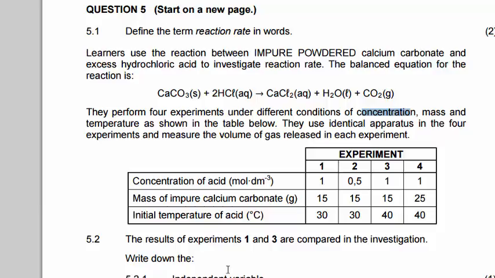So if they said different conditions, if they could change concentration, whose concentration did they change? Yes, the aqueous one, the hydrochloric acid. They changed mass and temperature. What do they mean by they changed mass?